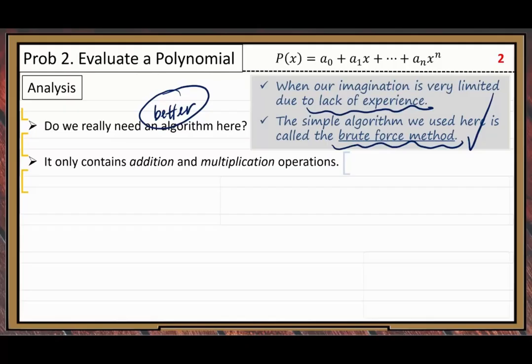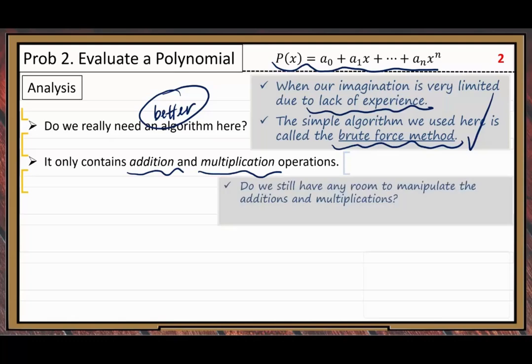When you look at the polynomial, it only contains addition and multiplication operations. These two operations. And the next question is, when we work on these additions and multiplications, how much room do we have to find the solution differently?